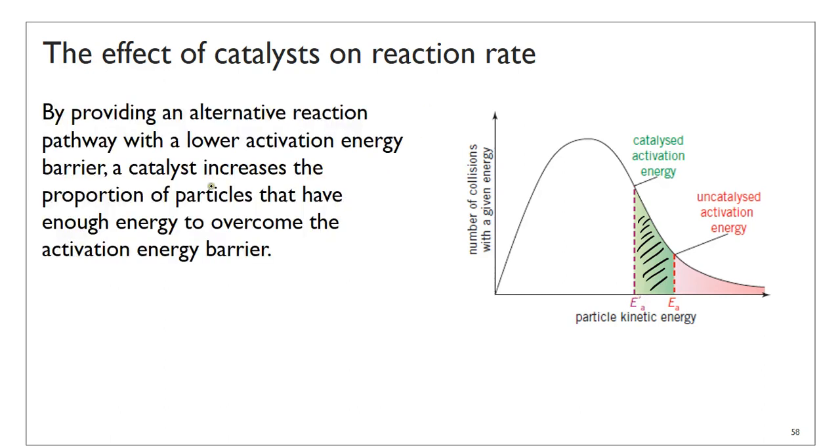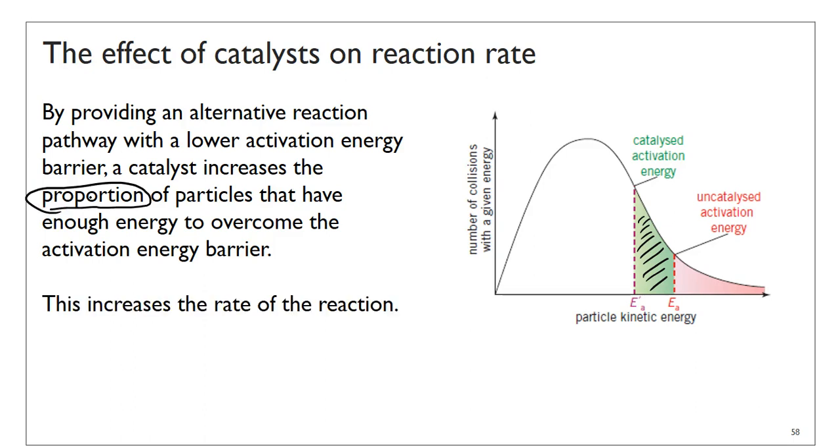Okay, so by providing an alternative reaction pathway with a lower activation energy barrier, a catalyst increases the proportion of particles that have enough energy to overcome the activation energy barrier. And of course, that increases the rate of reaction. So this is the textbook explanation of the effect of a catalyst.